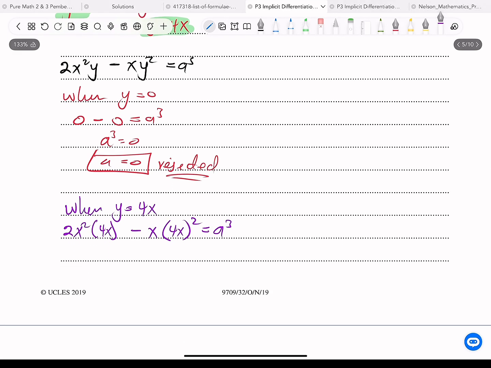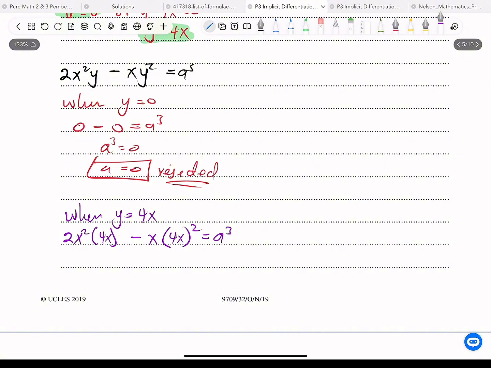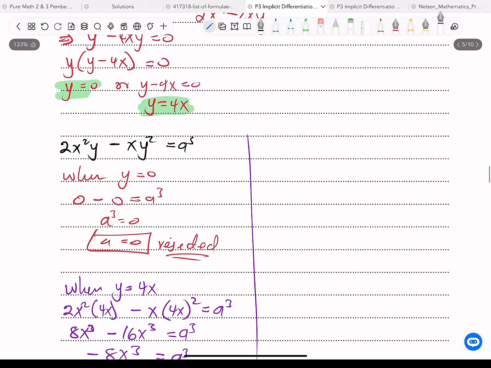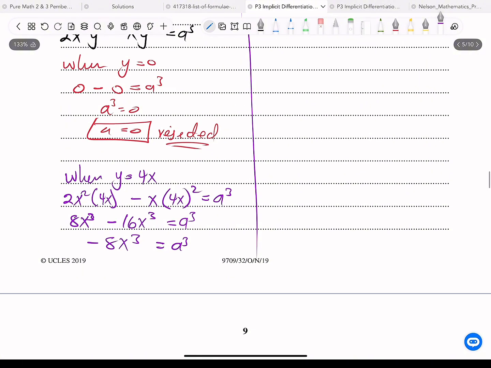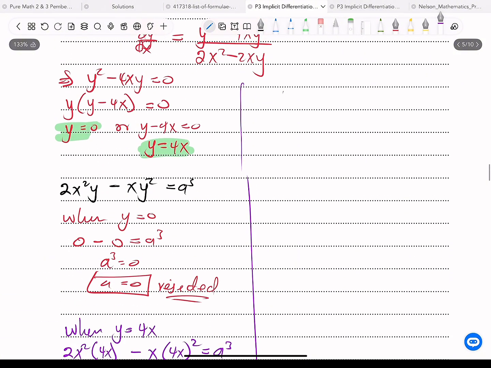And we are going to get 8x cubed minus 16x cubed equals a cubed. So this is going to be negative 8x cubed equals a cubed. All right, now I can divide both sides by negative 8. So I'll get x cubed equals negative a cubed over 8.